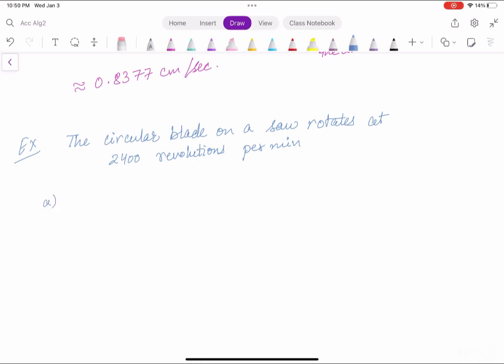The first part asks for the angular speed of the blade in radians per second.